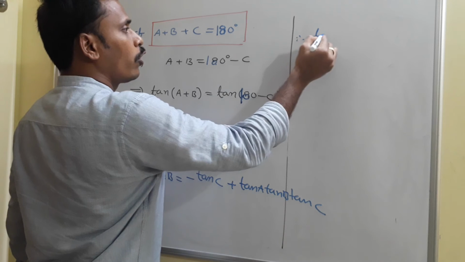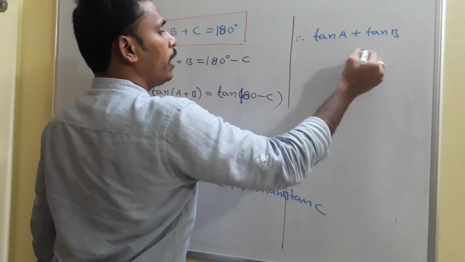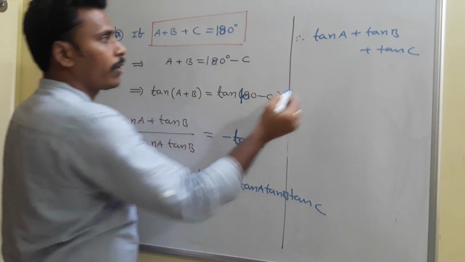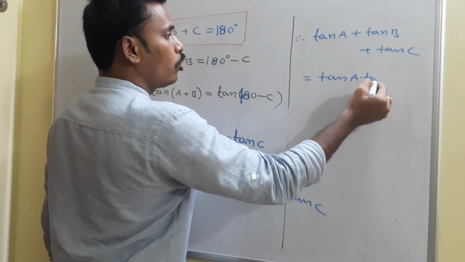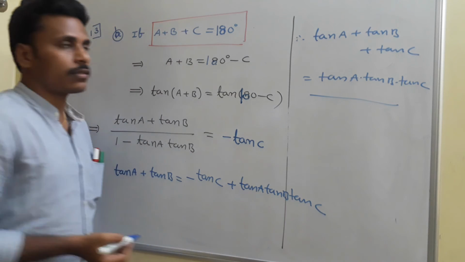Therefore you have tan A plus tan B plus tan C, sending this minus tan C to this side, equal to tan A into tan B into tan C. Just look there once.